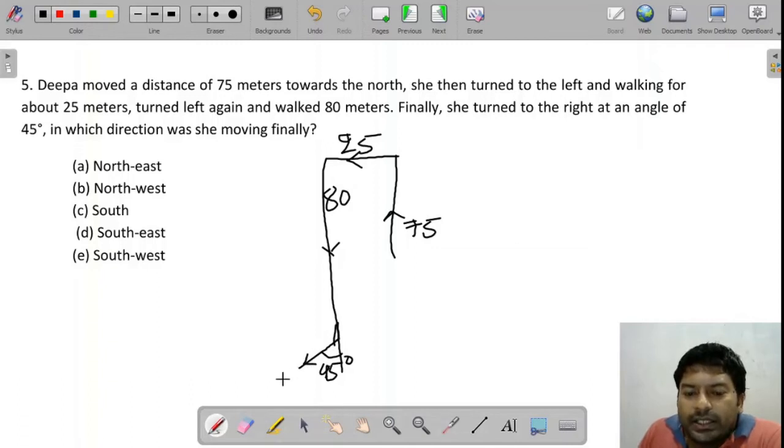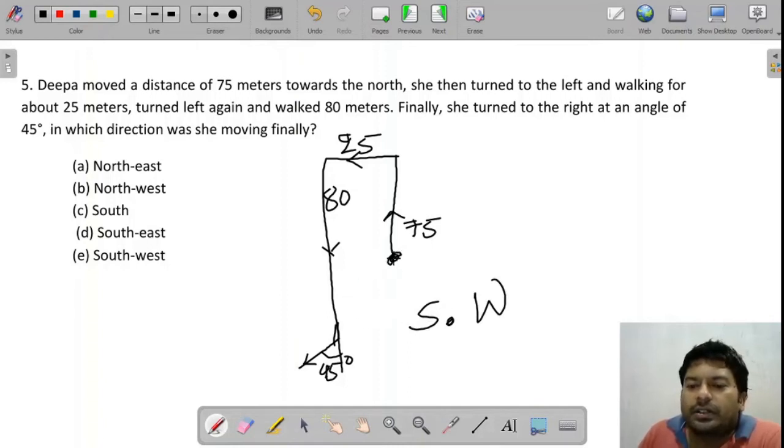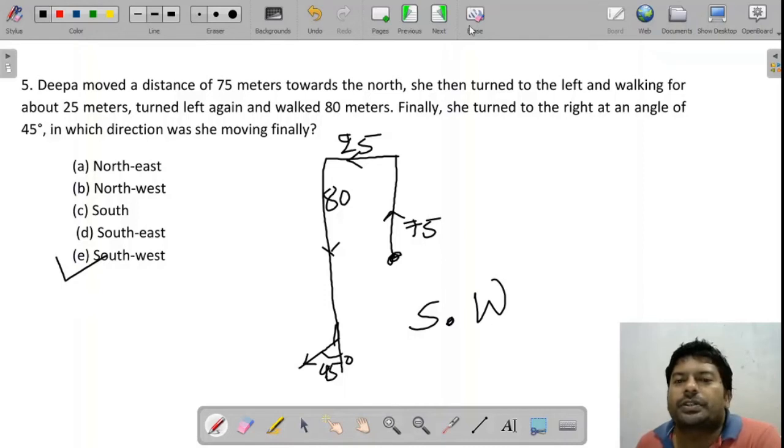Then in this direction she is moving now. Compared to this, the starting point is here. Whichever direction I am marking here, this is southwest. So option E is the right answer for this question.